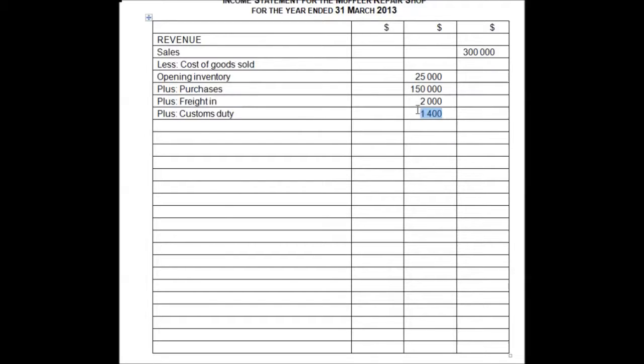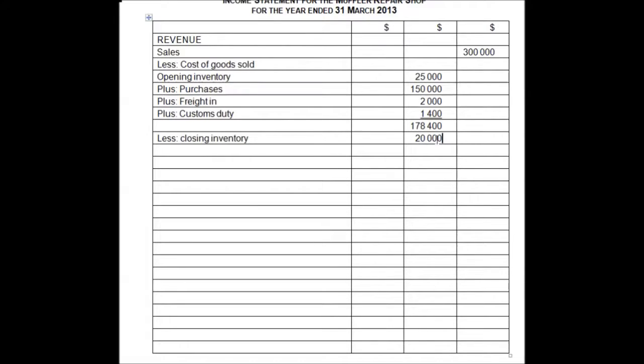I'm going to put a line underneath here to signify that I'm totaling those up. If I add all those together, what I get is $178,400. So I've got what I started with here, and then all of the inventory that I've bought plus the cost of getting it in there. Now I need to minus or less my closing inventory, and that is $20,000.